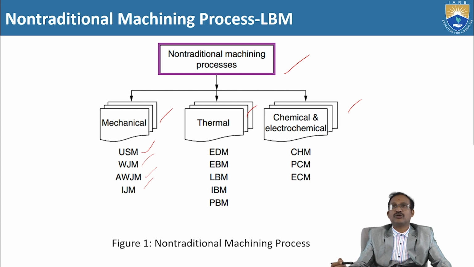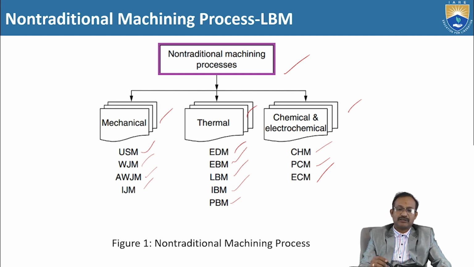In chemical and electrochemical, chemical machining, plasma chemical machining, electro chemical machining. In thermal, we have electro discharge machining, electron beam machining, laser beam machining, ion beam machining, plasma beam machining.